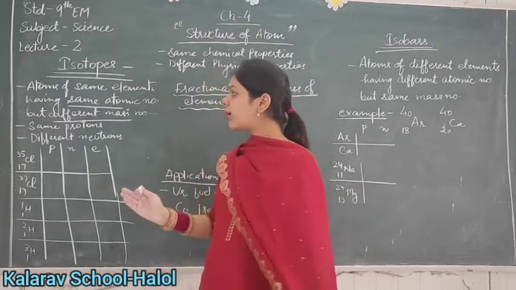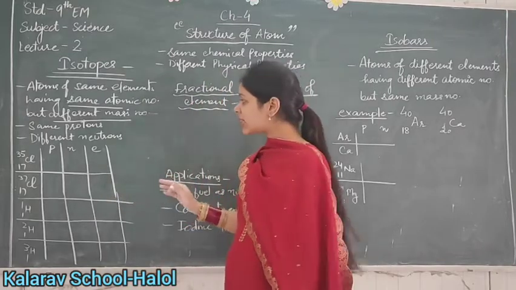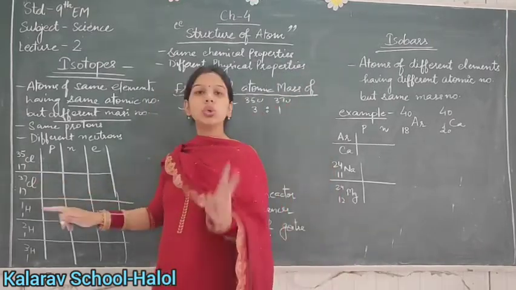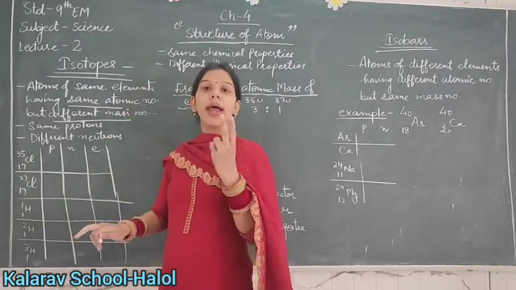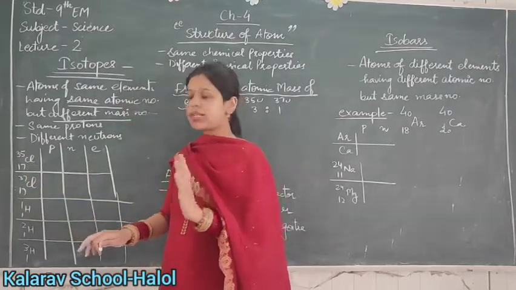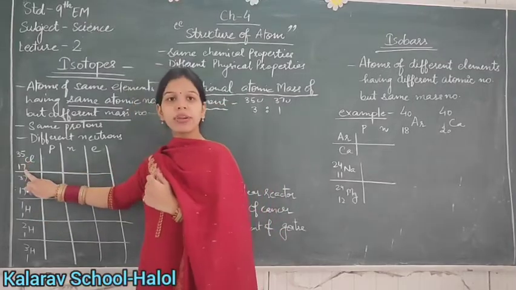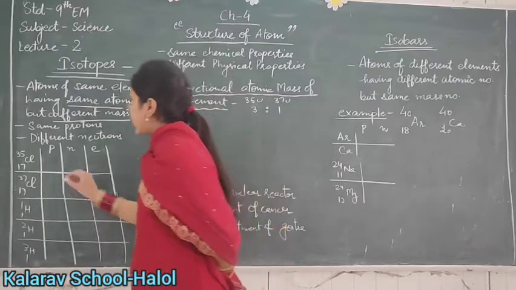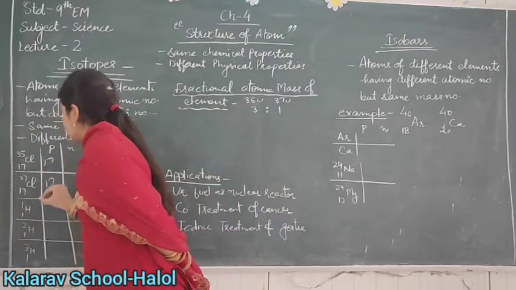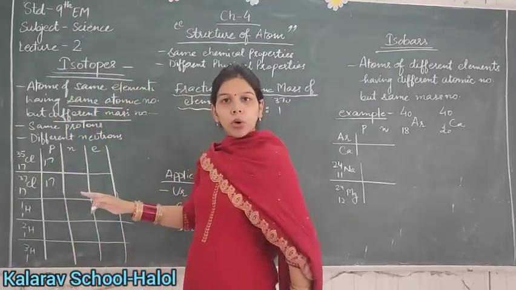Here are a few examples. Chlorine has 2 isotopes, which means it has 2 forms with different mass numbers: 35Cl17 and 37Cl17, which means it has 17 protons. Both have the same number of protons.